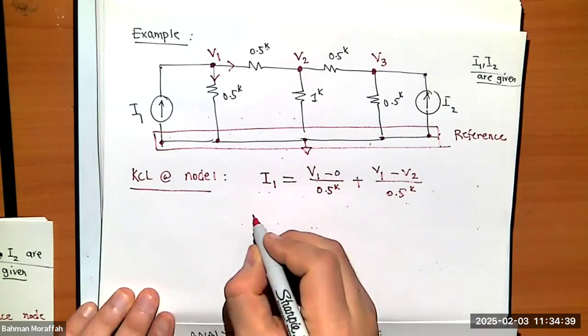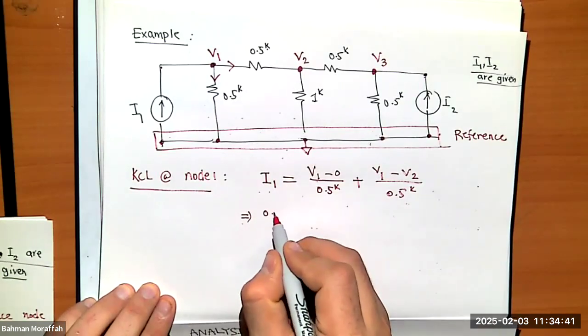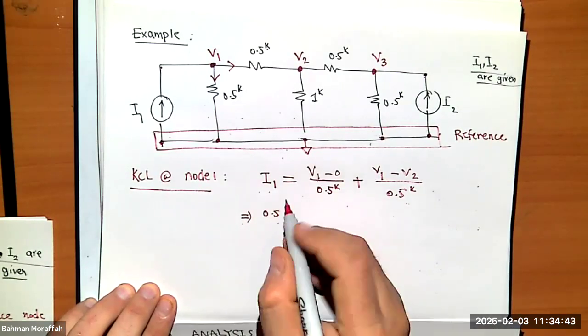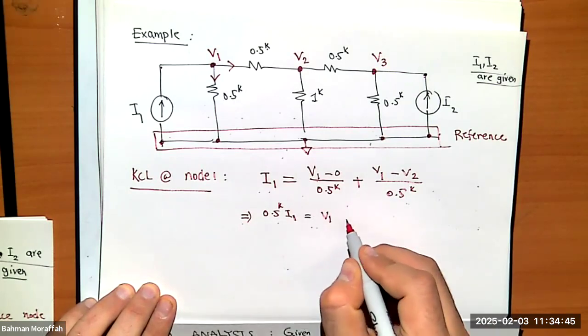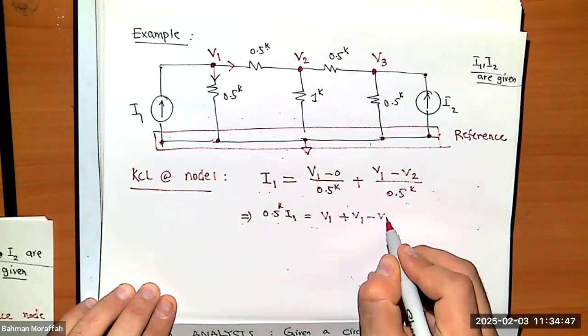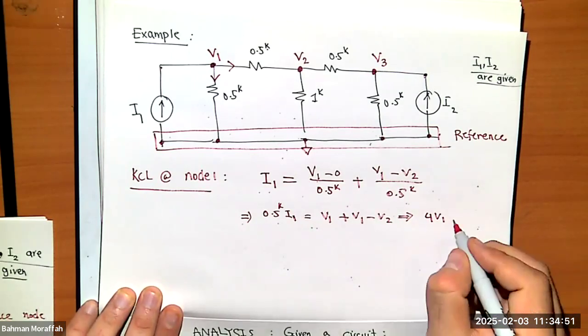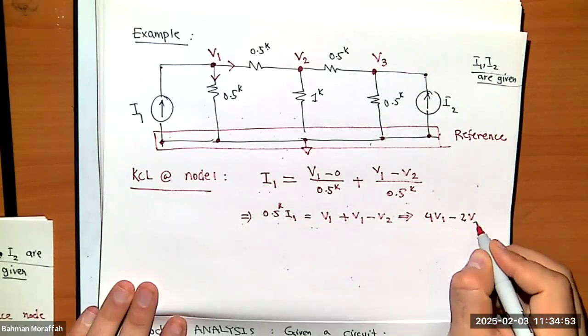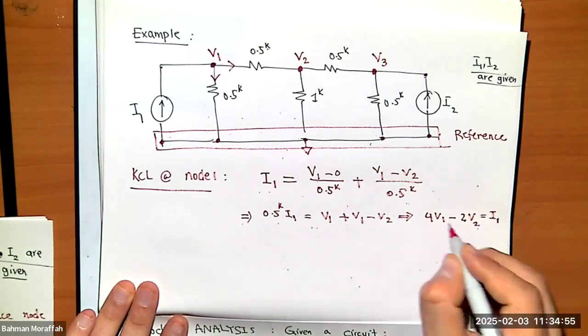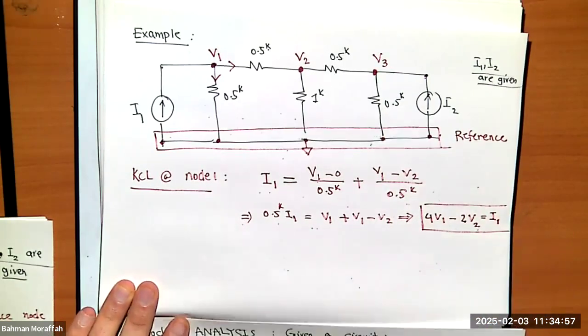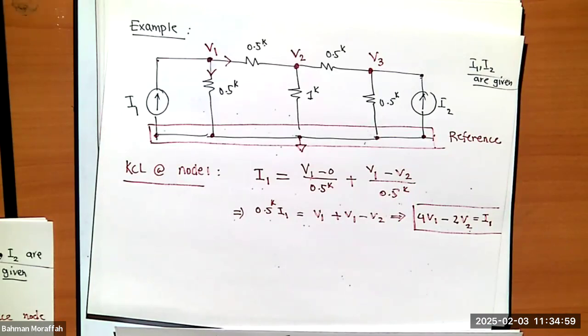I can write it as 0.5 I1 equals V1 plus V1 minus V2. Therefore, 4 times V1 minus 2 times V2 must be I1. This is my first equation, right? Remember, I1 is given to me. I1 is 5, 6, 7, whatever.